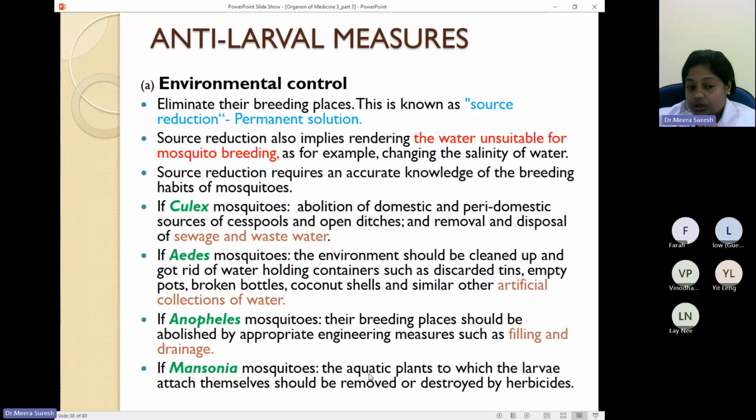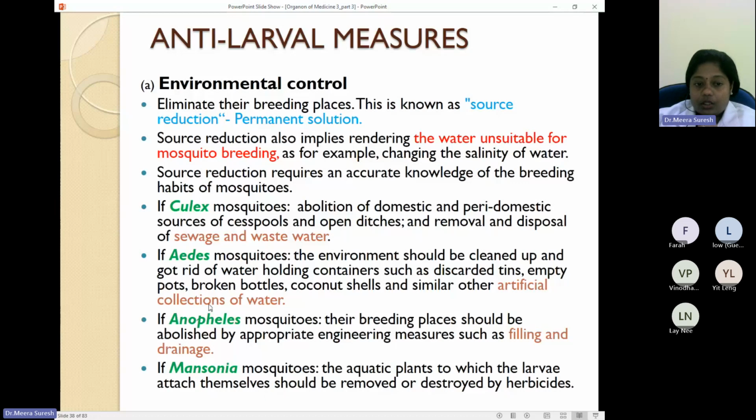So to control Mansonia breeding, the ideal thing is to remove those aquatic plants. If the aquatic plants are removed, they won't be able to attach and they are not going to survive. So we remove these aquatic plants using herbicides or manually destroy them, and Mansonia can be controlled.